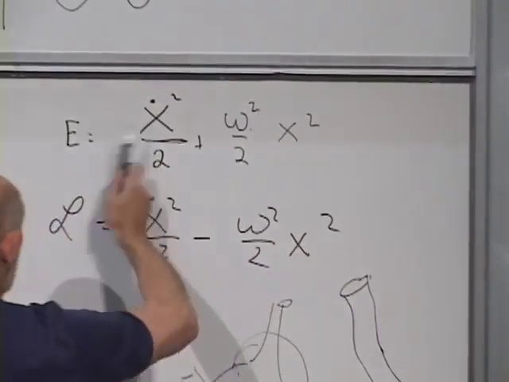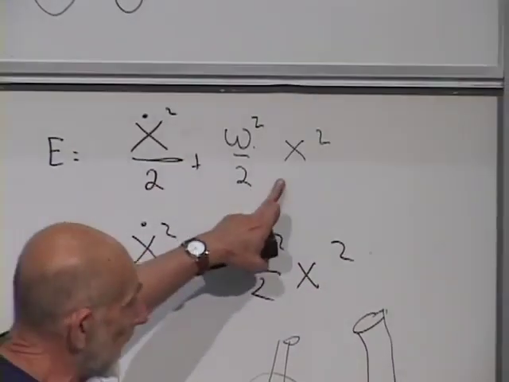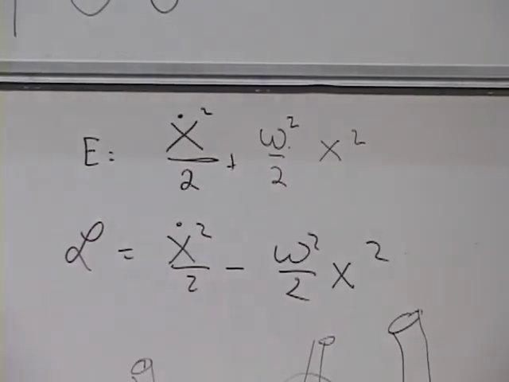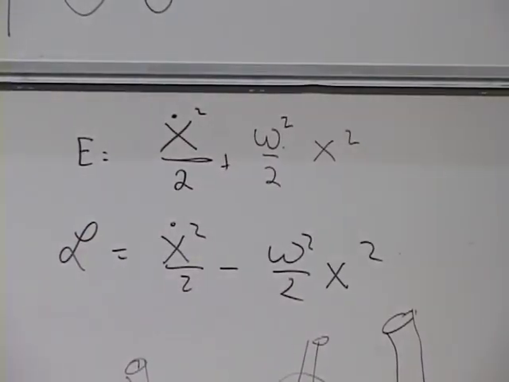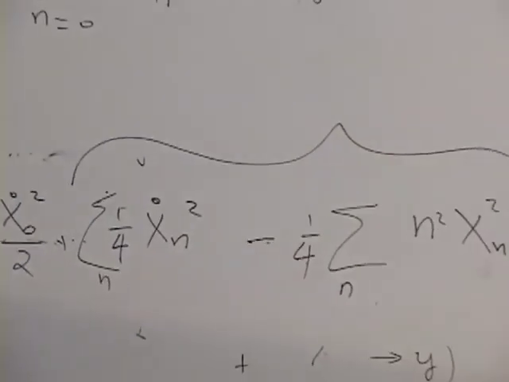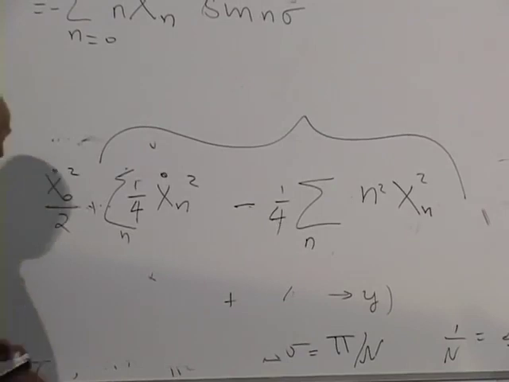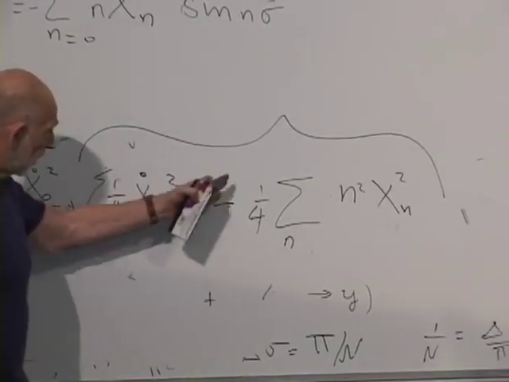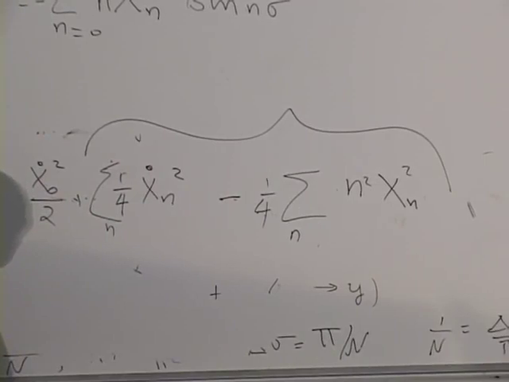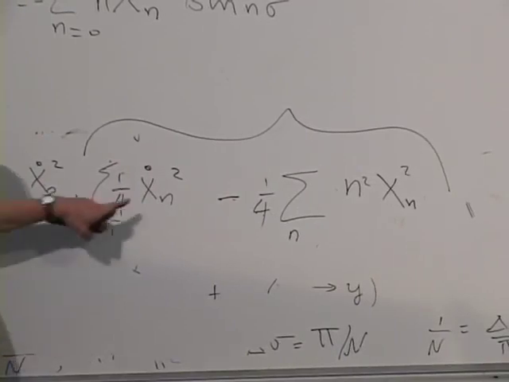The energy of a harmonic oscillator has an x dot squared and an x squared. Evidently, for each n, the Lagrangian is the Lagrangian of a harmonic oscillator.